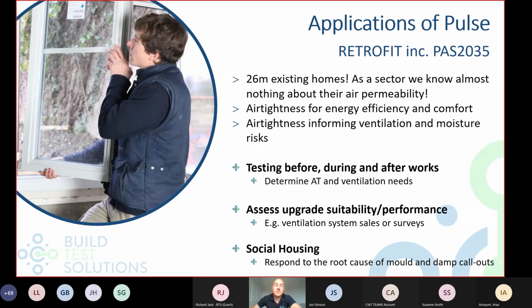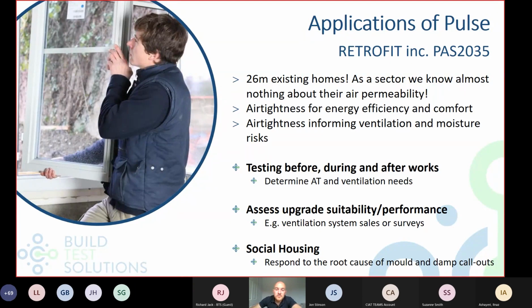Let's then inform what we might do about the spec of the extension, and then actually what, if anything, has that extension done to the overall final thermal performance and airtightness, and how might that have had a bearing on the ventilation needs of the building, right the way through to more conventional retrofit of external wall insulation, increasing the airtightness and thus impacting the ventilation needs and so on.